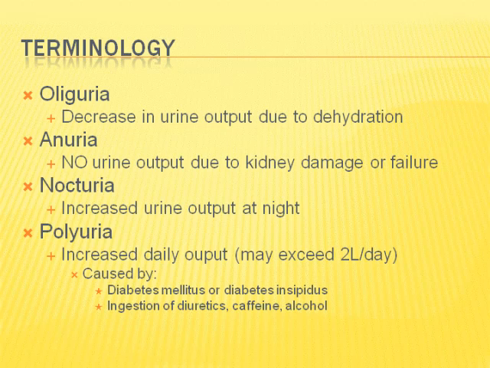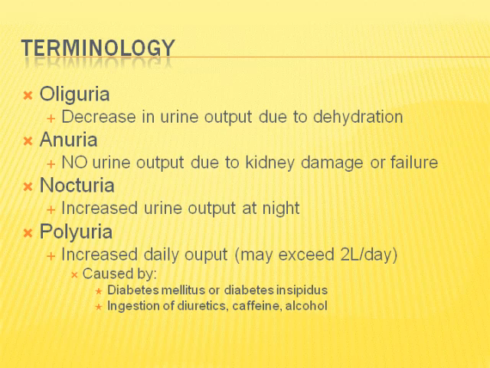Here are definitely some terms that you should know, and I can't imagine that you might not have board exam questions about these. And let me know if you have a really fun way to memorize these. Otherwise, unfortunately, I think the best way to know these is to memorize them. Oliguria is decrease in urine output due to dehydration. Anuria is no urine output, usually due to kidney failure or damage.